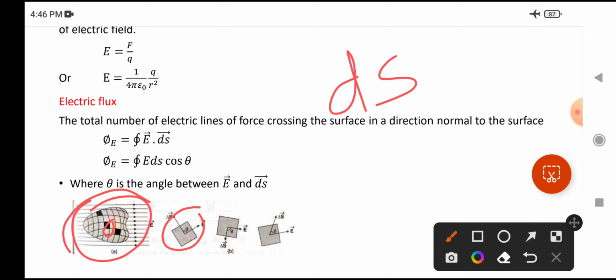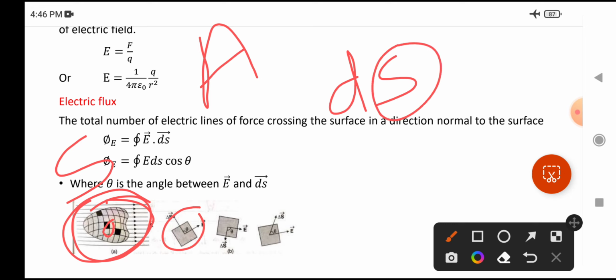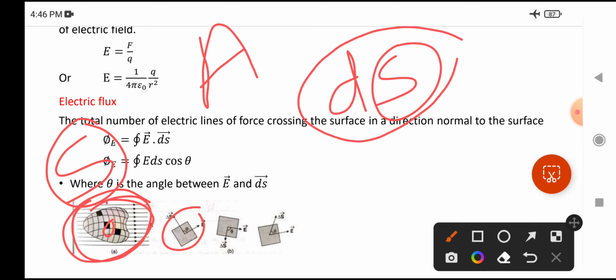The total surface area is s. Here area is not shown with a; mostly area is denoted by s only. So if s is the total surface area, then the small portion you consider is always denoted by small ds.